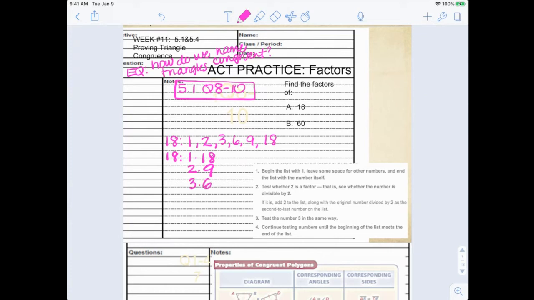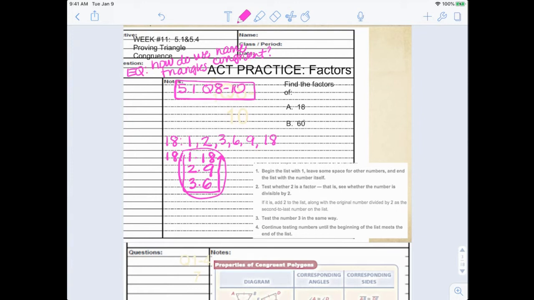Does 4 work? No. 5 work? No. 6 times 3, oh yes, but I already have it in my list. So my list is 1, 2, 3, 6, 9, 18. Hey, my same list that I had before. I kind of like this only because it seems like it cuts the work in half. But again, you can go through starting with 1 all the way up to 18 and also do that.